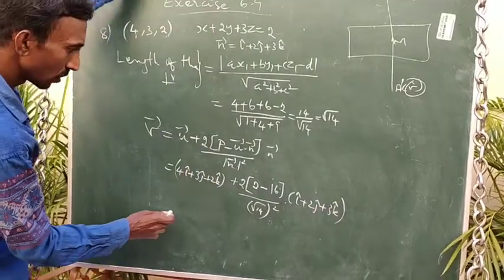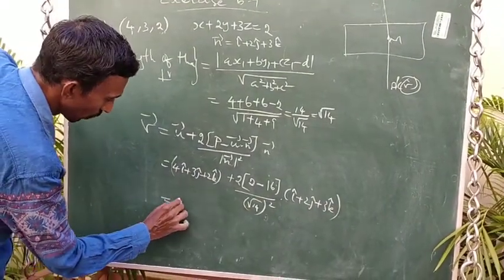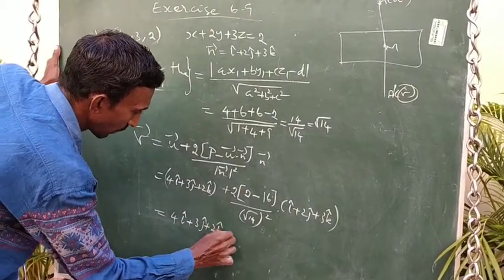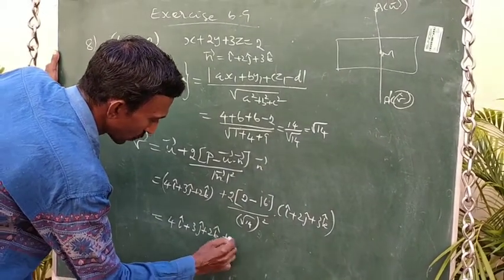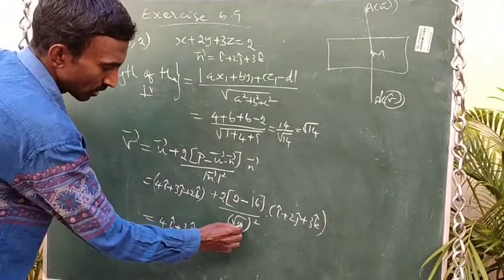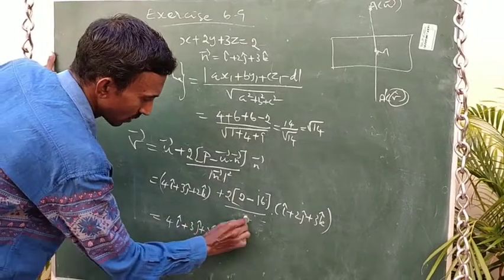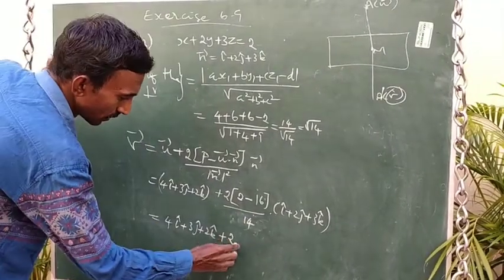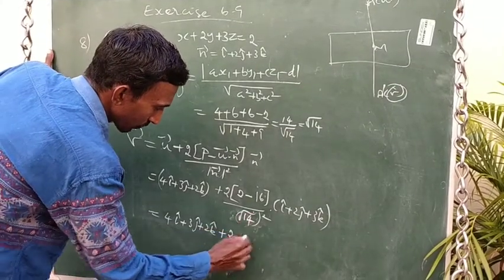So we have 4i plus 3j plus 2k, plus 2 into 2 minus 16 by 14, where the square of root 14 is 14, no problem.